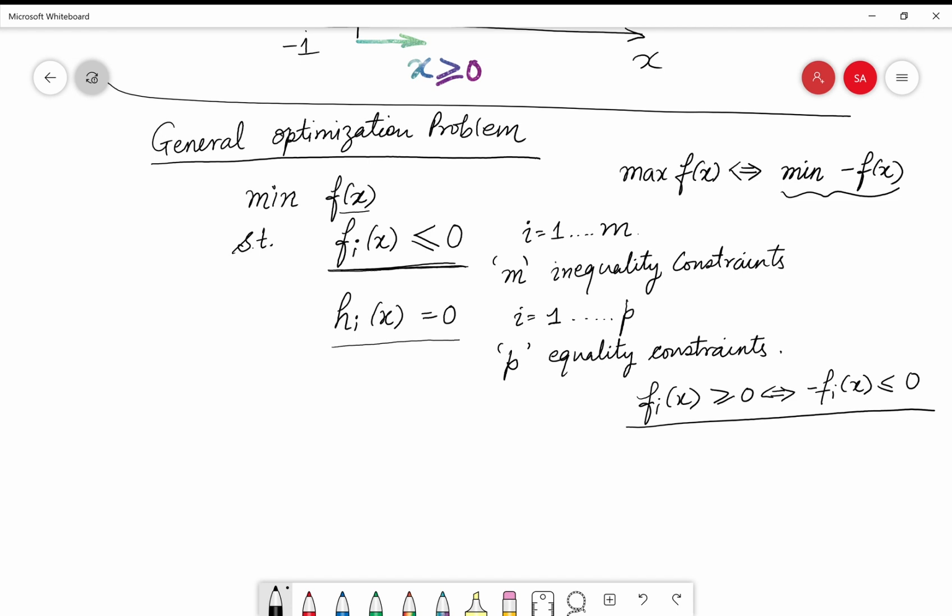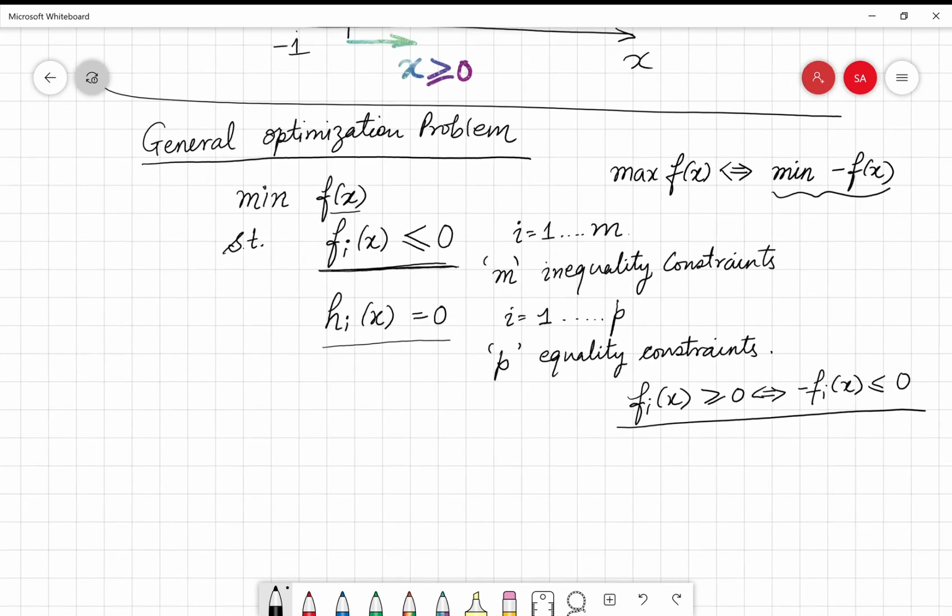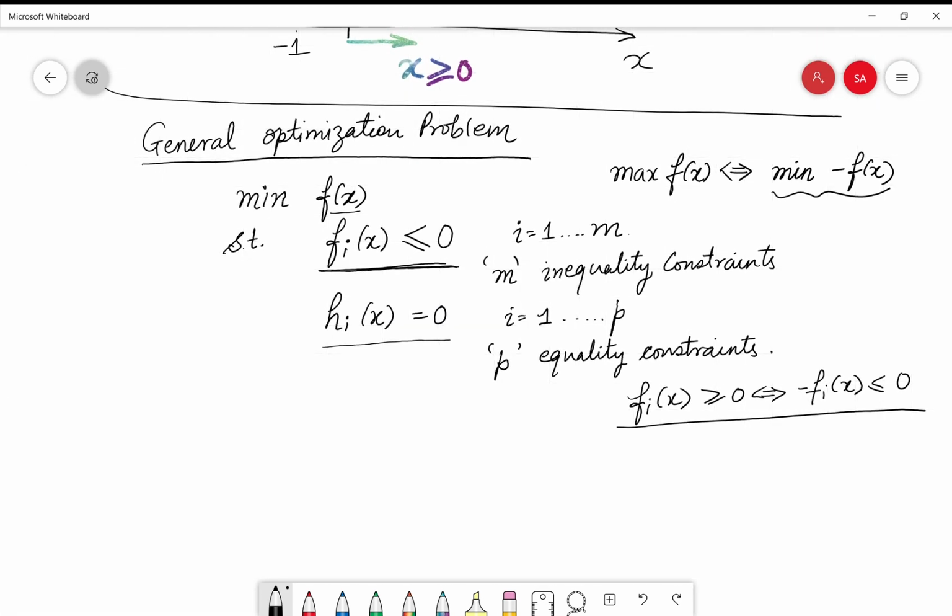Now one more thing here, rather than x being a scalar, x could be a vector also. So I'm putting a bar here, and let me write x to be a vector with parameters x1, x2 till xn.